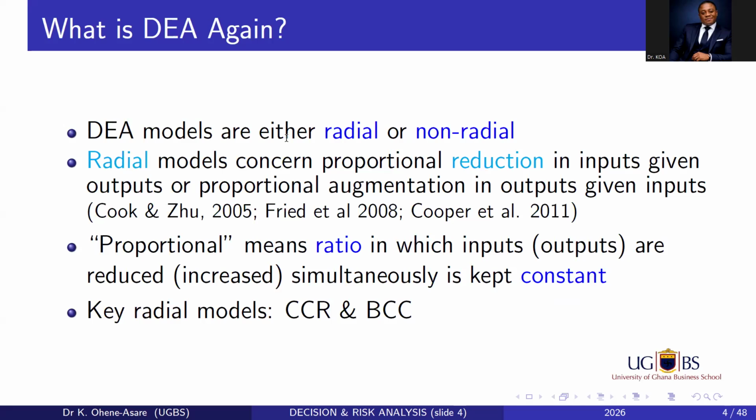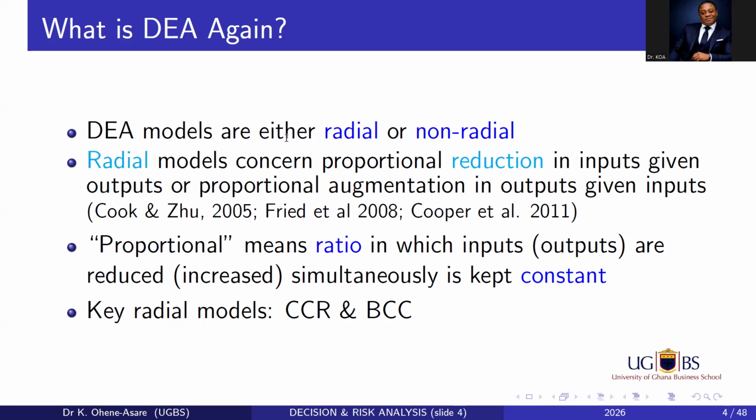Now, the DEA models that you've learned so far can be radial or non-radial. But the original study of the DEA actually propounded the radial because at the time, there was no knowledge that there was going to be a non-radial model.